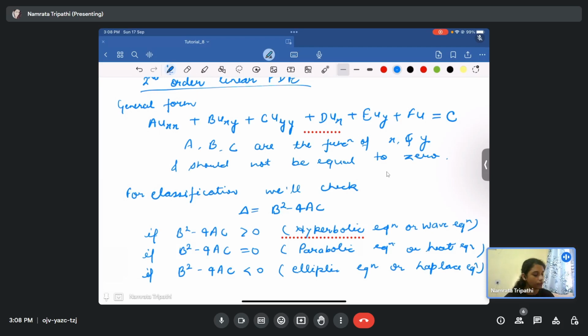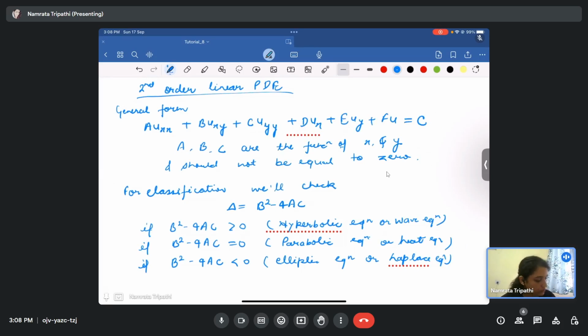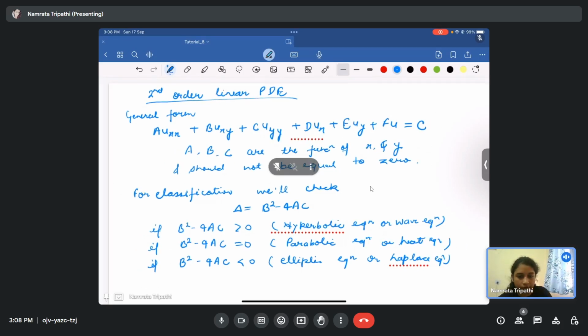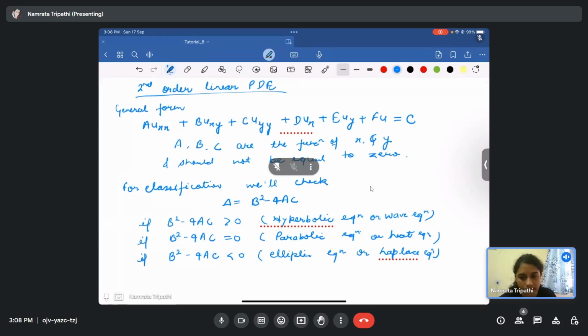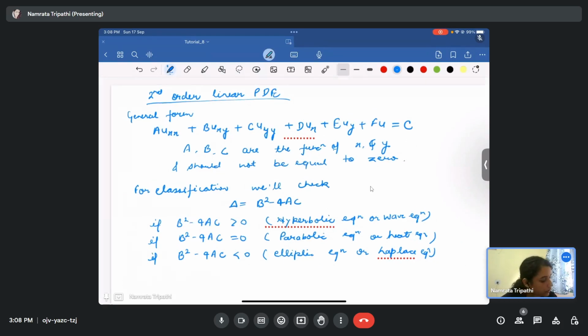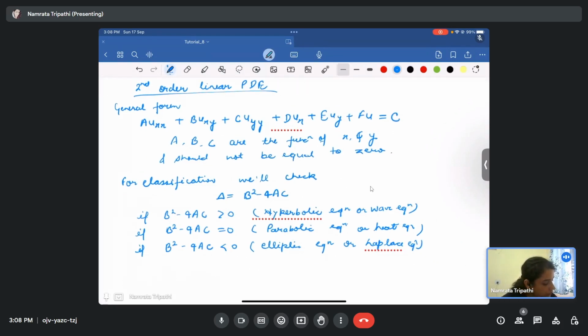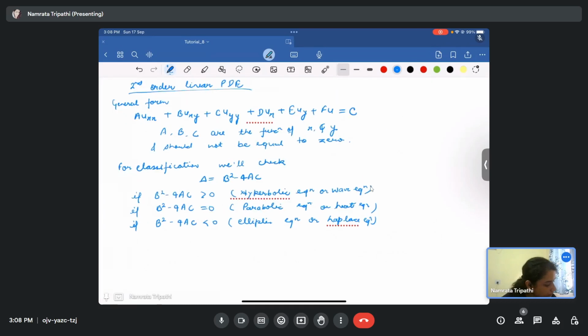So this is the classification for the second order linear partial differential equation. You have already done these things in your lecture series. I'm just recalling all those things.